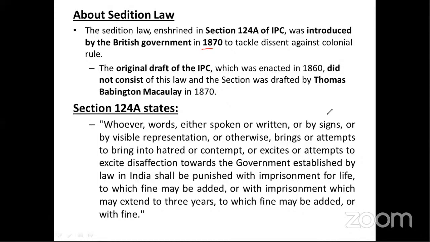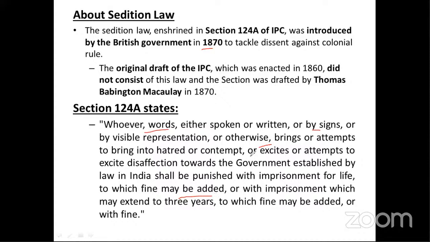What actually did the sedition law say? Whoever, by words either spoken or written, or by signs, by symbols, which can also disturb the sentiments of different religious people, or by visible representation, or otherwise, brings or attempts to bring into hatred or contempt, or excites or attempts to excite disaffection towards the government established by law in India, shall be punished with imprisonment for life, to which fine may be added, or with imprisonment which may extend to 3 years, to which fine may be added, or with fine.